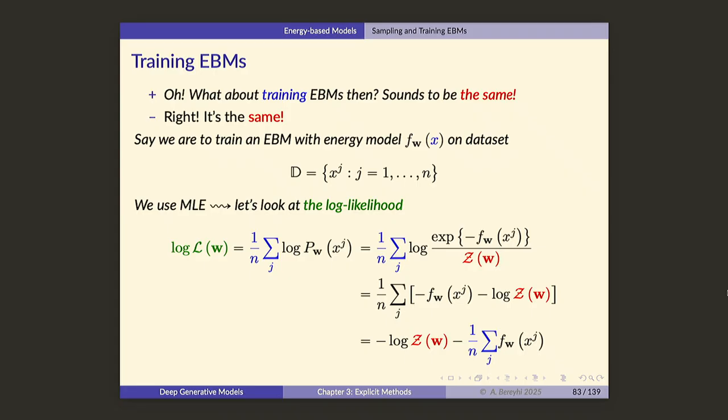So what you see here is that this log likelihood that I want to compute is essentially minus the log of my partition function minus the average energy at the samples that I have. This is the log likelihood. Clear? And you can obviously see that it's hard to compute because, again, I need the partition function, right? And this partition function I cannot get rid of because it depends on the parameters I'm going to optimize, the model parameters W, right? Everybody's clear?